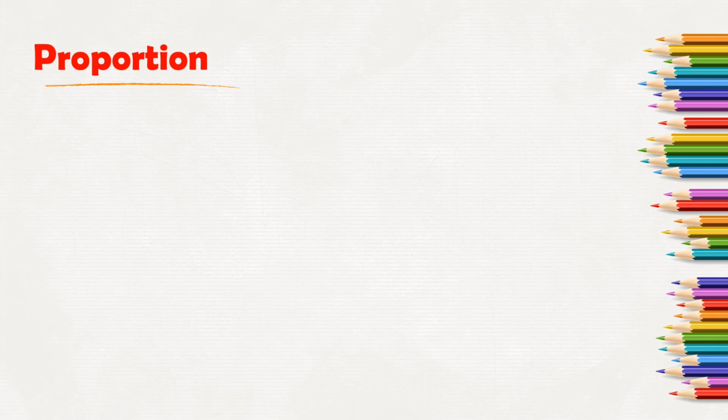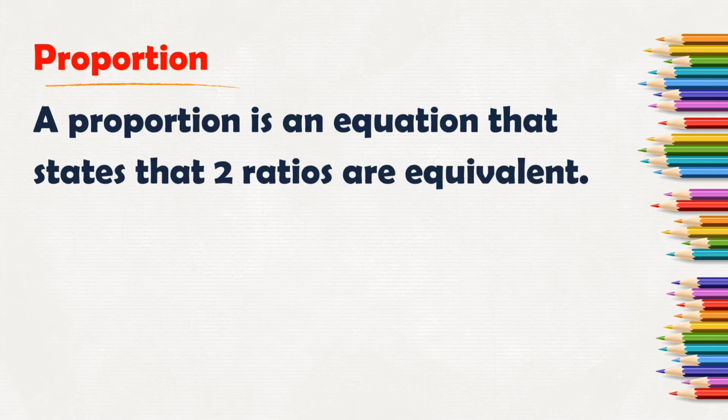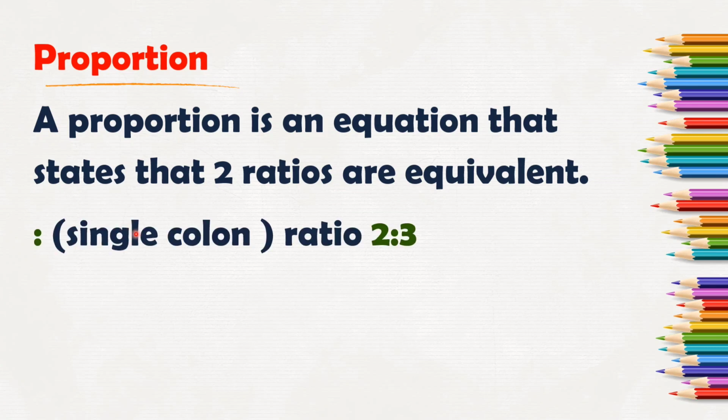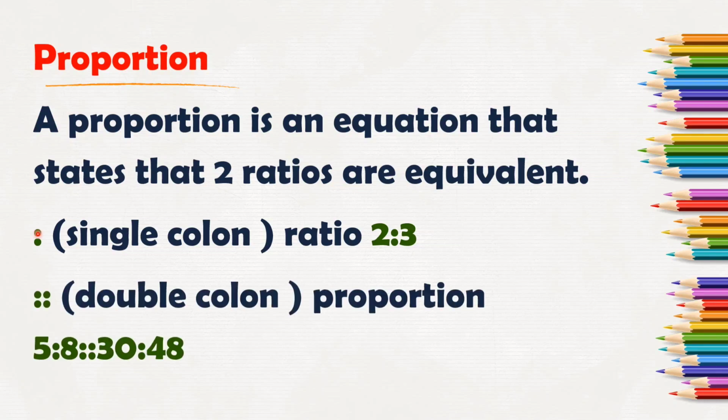Here, what is proportion? Proportion is an equation that states that two ratios are equivalent. If two ratios are equivalent, then it is said to be proportionate. Single colon is used for ratios, as we have learned earlier, and double colon is used for proportion.